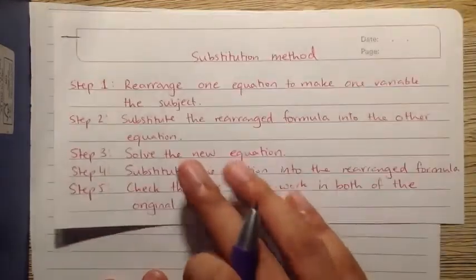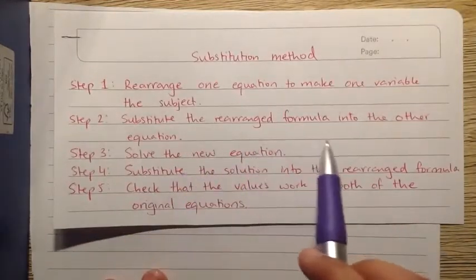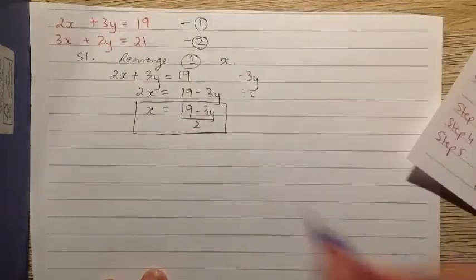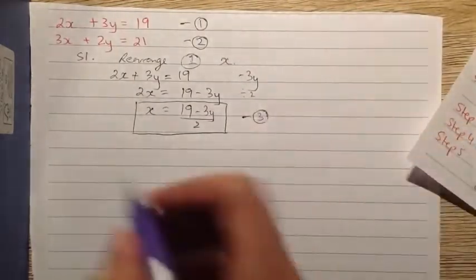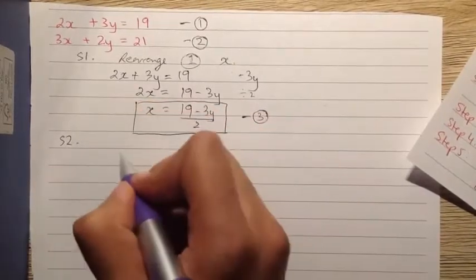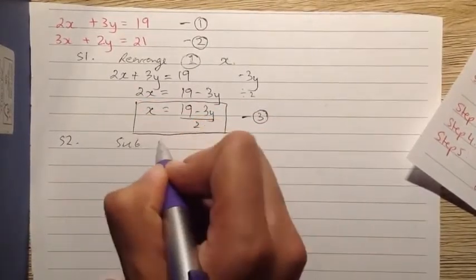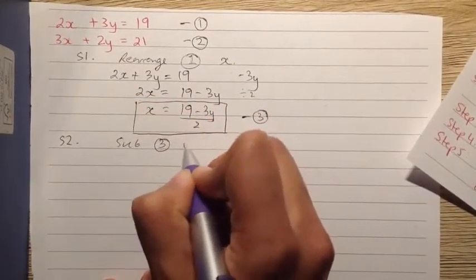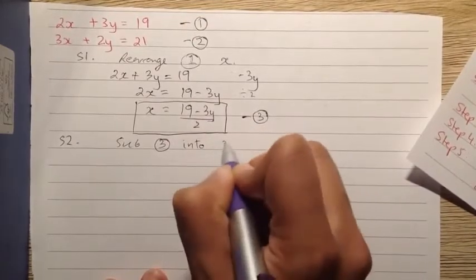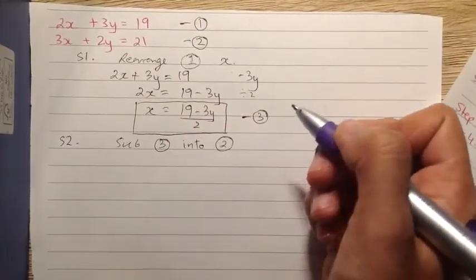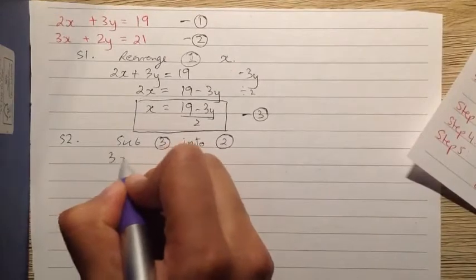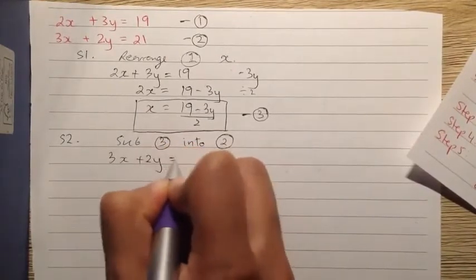Step 2, we now have to substitute the rearranged formula into the other equation. So step 2 is substitute 3, the rearranged formula, into equation 2.